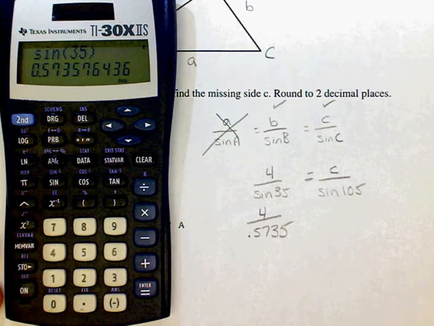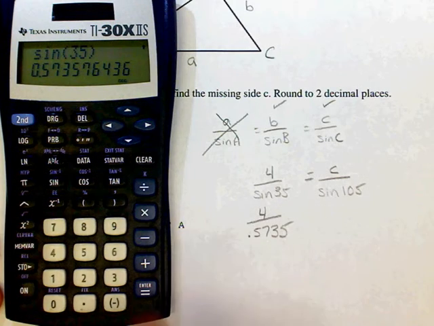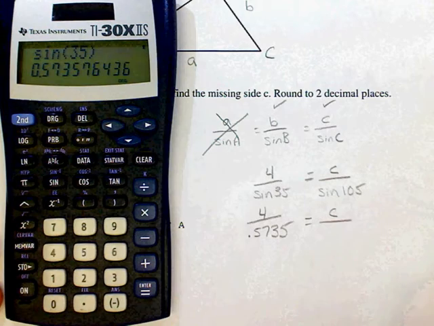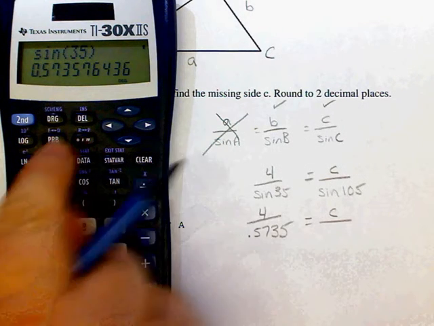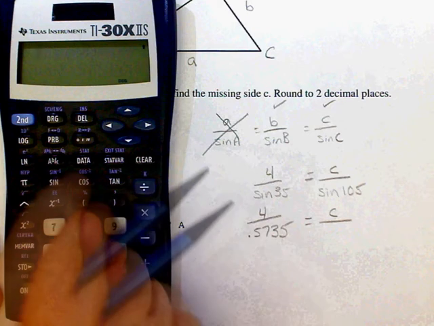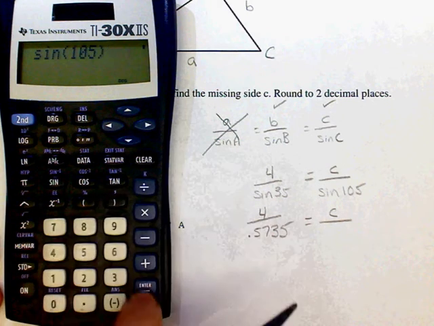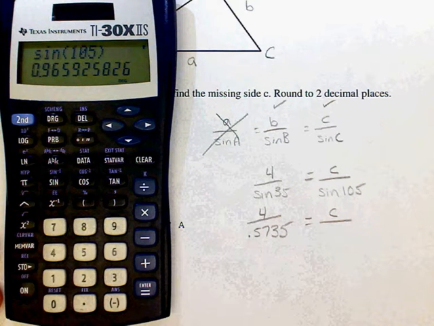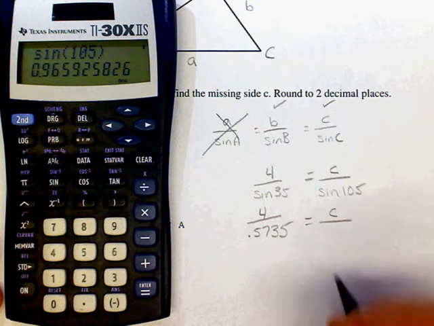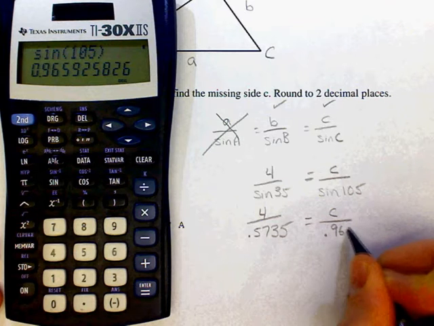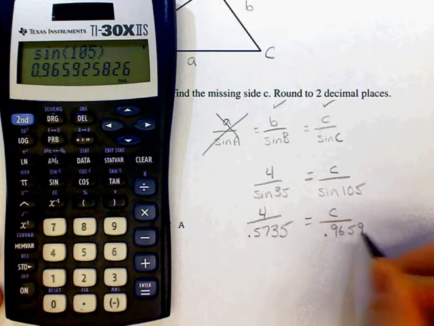I'll just use the first three decimals. This equals c over the sine of 105. Clear it. Sine 105. Close the brackets. And I get 0.9659, and so on.